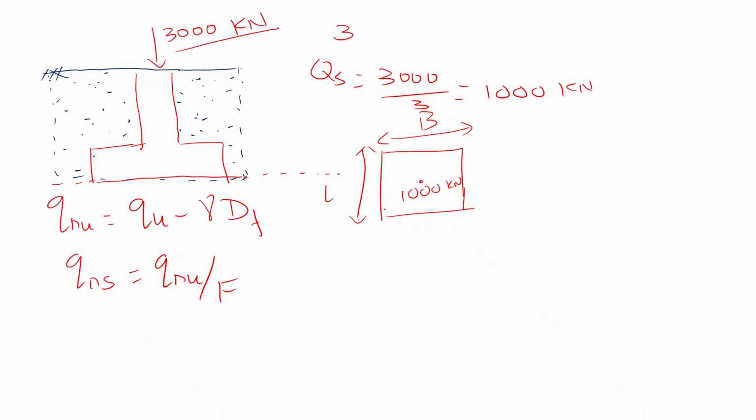Do I have the same liberty on the effect of soil pressure? The soil pressure is nothing but gamma into Df. We have excavated the soil, we are refilling it up to the same depth. So I don't have the choice of changing the depth of the foundation after all this construction.